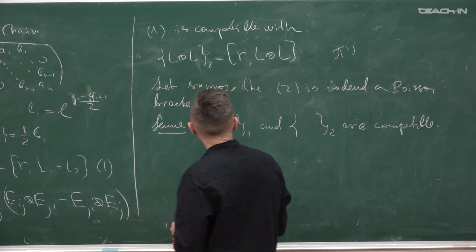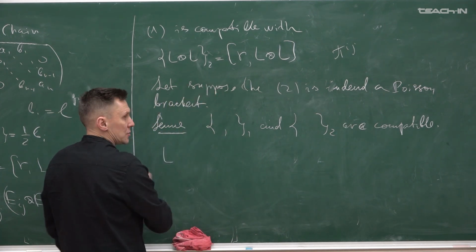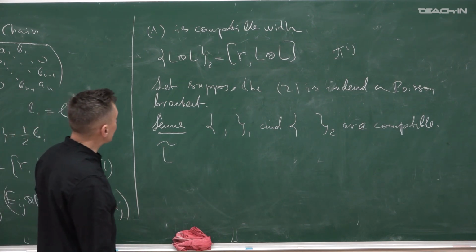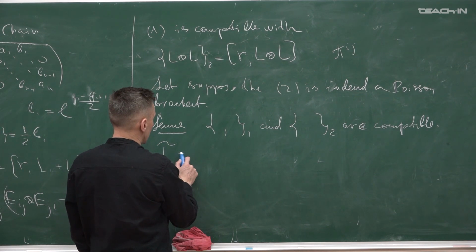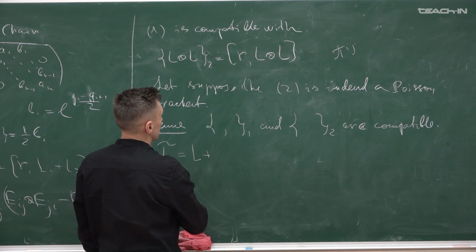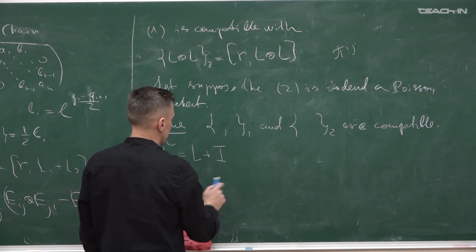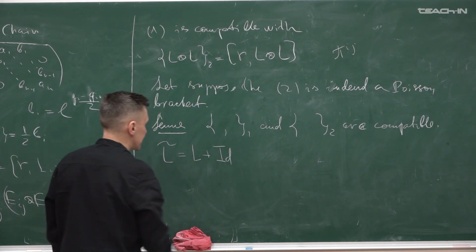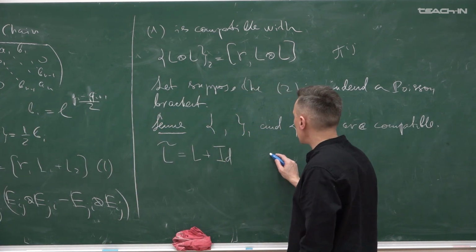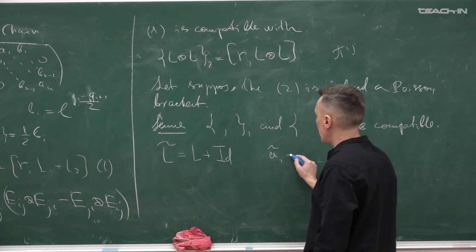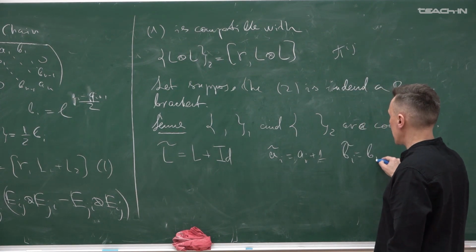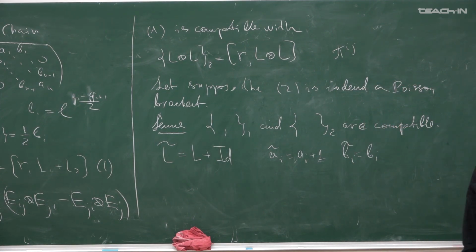So let us consider a new coordinate on our space. We just consider L plus, I don't know, the identity matrix. So it means that we consider coordinates A_i prime, which is A_i plus 1, and B_i prime, which are just B_i. So it's a very simple change of variables.